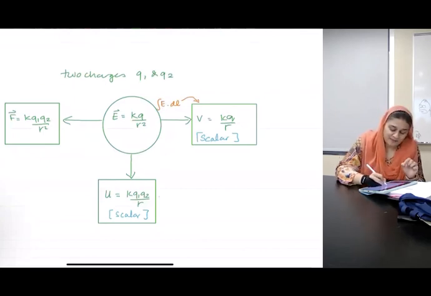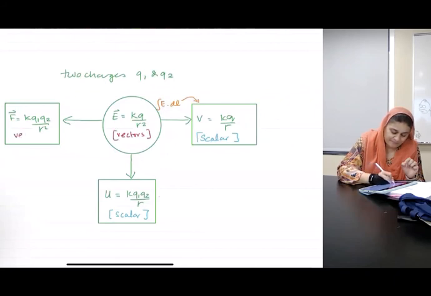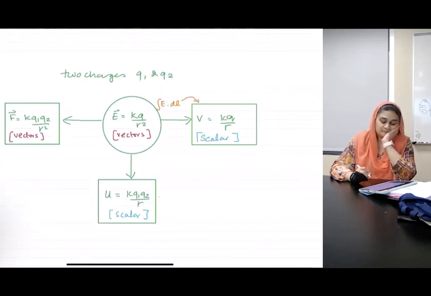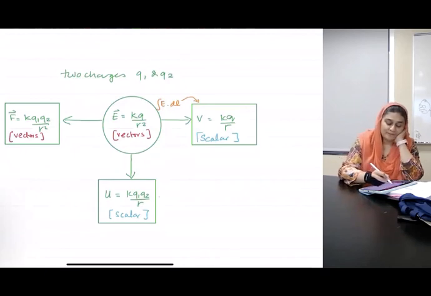Whereas these both are vectors. Or even if you were thinking about this, how do you get from here to here?